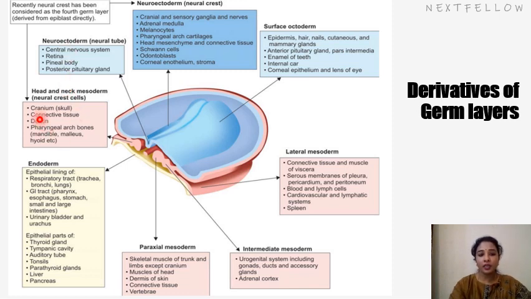They form the cranium of the skull, connective tissue, dentine, pharyngeal arches, most of the connective tissue of head and neck, sympathetic and parasympathetic ganglia, and odontoblasts, Schwann cells. All these are derived from the neural crest cells.